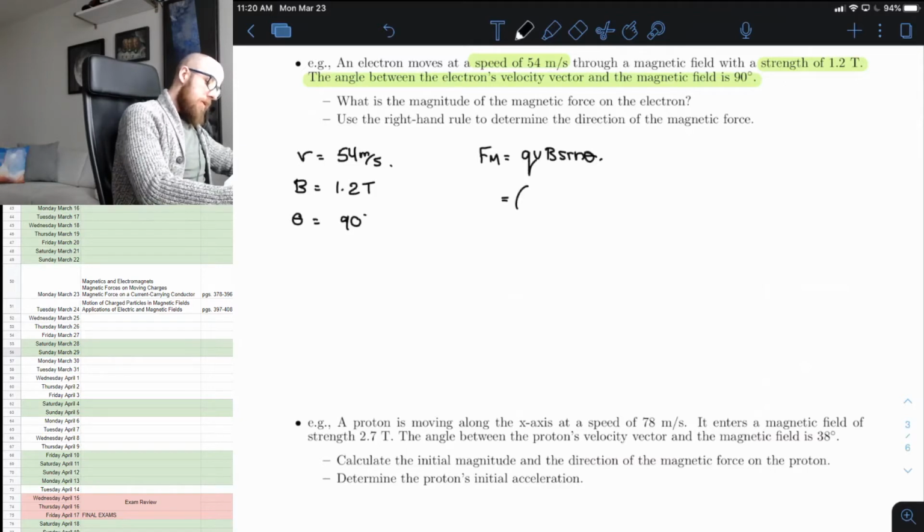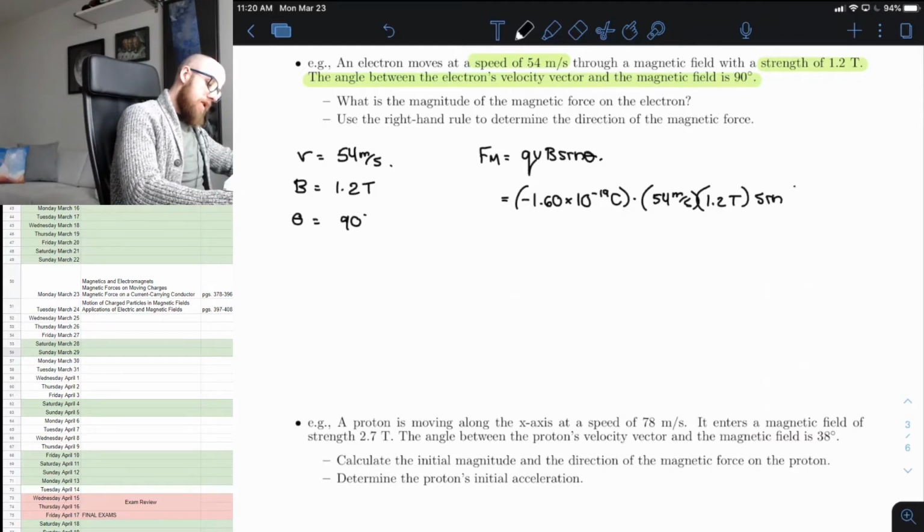Q is negative 1.60 times 10 to the negative 19 coulombs. V is 54 meters per second. B is 1.2 Tesla. And then sine of 90 degrees. I said this simplifies our calculation because sine 90 is just 1, so we don't have to consider it anymore. Now, I put in this charge as a negative.